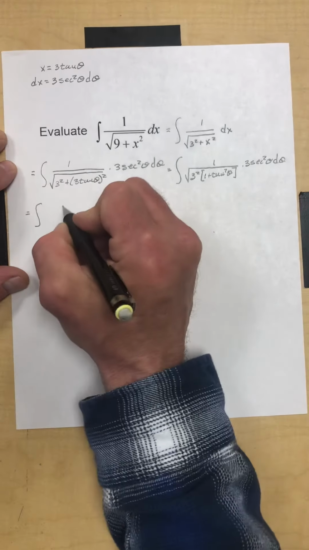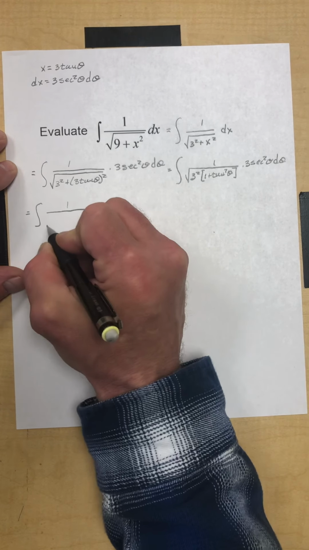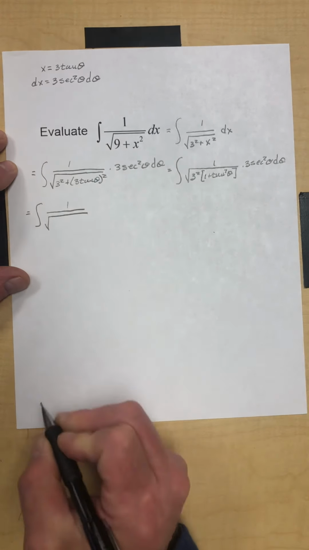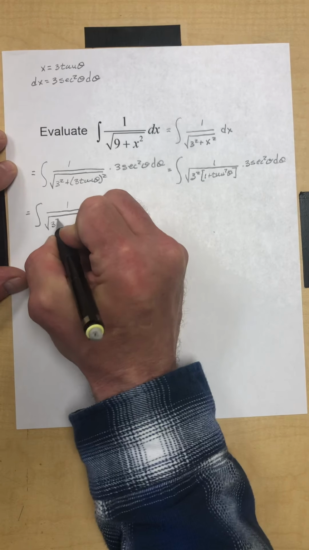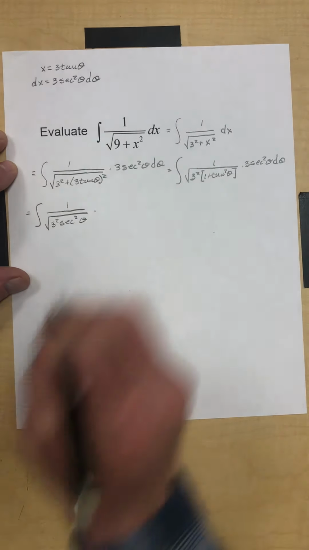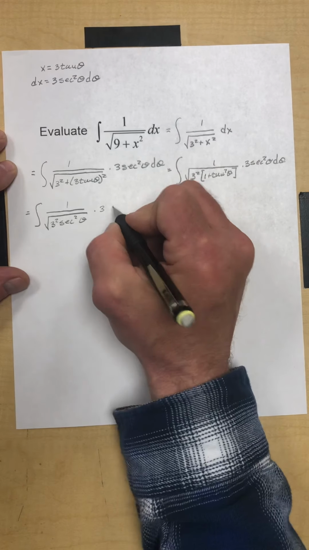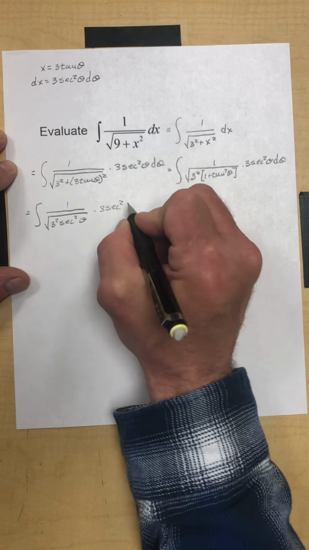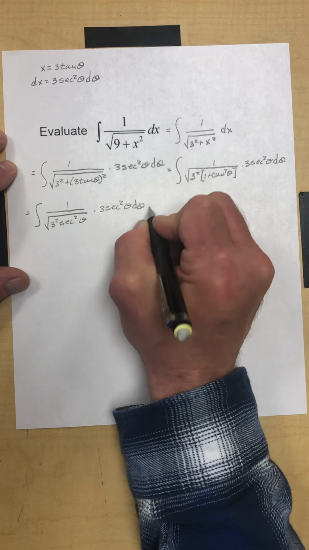So we get 1 over square root of 3 squared secant squared theta, and then I have my 3 secant squared theta d theta.